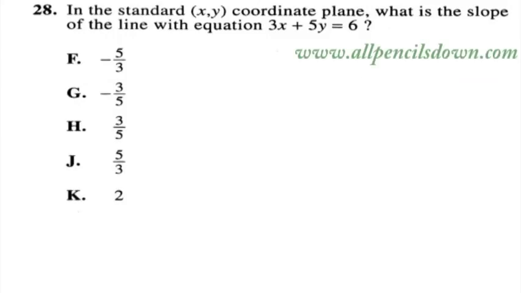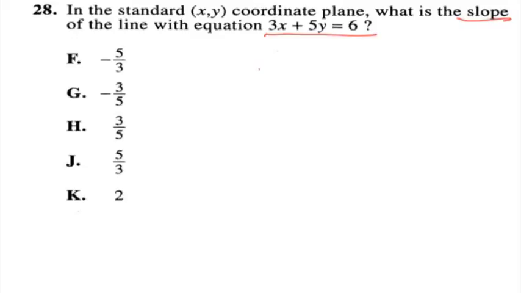We've looked at quite a few, and we're coming back one more time to look at another one of these standard equation kind. It asks us, what is the slope of the line with this equation? The first thing we're going to do is start rewriting it. We have 3x plus 5y equals 6. Subtract 3x from both sides.